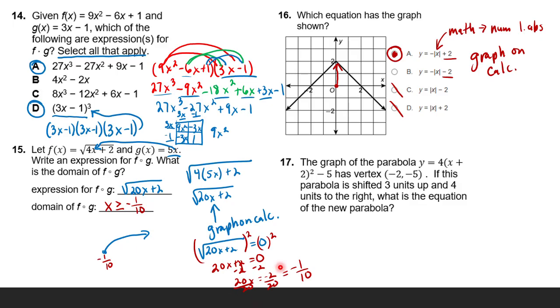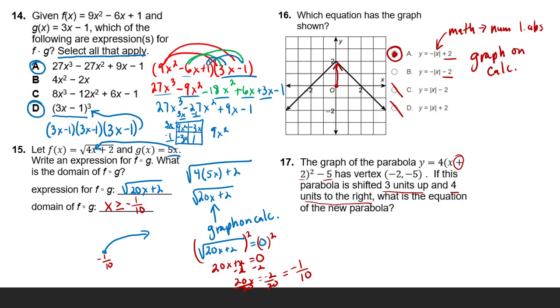Okay, 17. The graph of the parabola, and then it gives you this equation, has this vertex, -2, -5. And again, you can see that right here from that number and that number. Remember, the sign changes when you pull it out. If this parabola is shifted 3 units up and 4 units to the right, what is the equation of the new parabola?